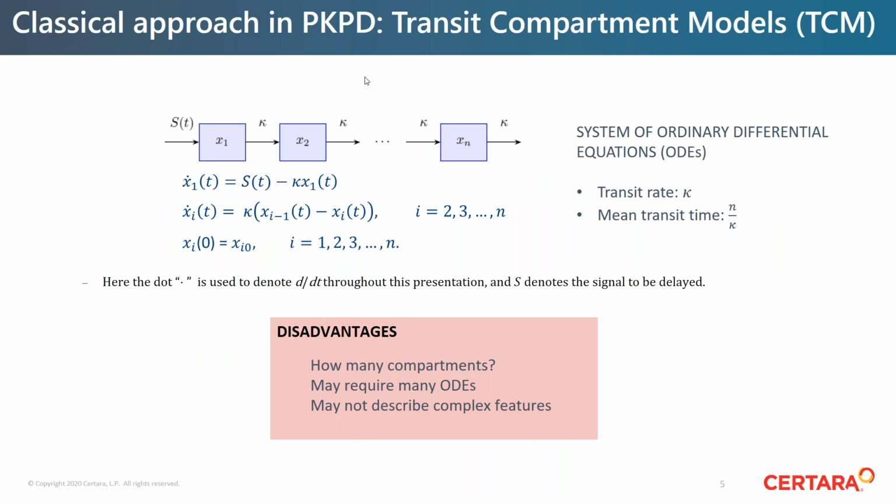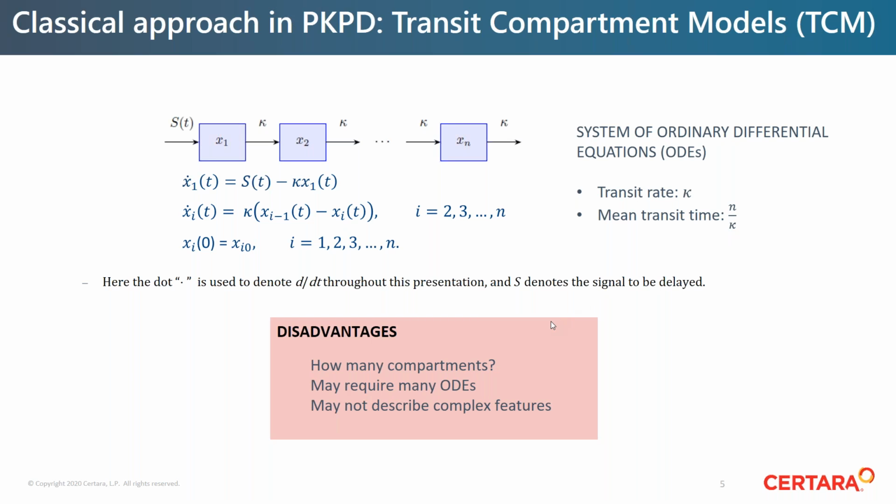The classical approach to model such delay in the PKPD literature is to use a transit compartment model. It's described by this system of ordinary differential equations. Now, ST denotes the signal to be delayed, S1, S2 to Sn are the transit compartments, and kappa is the transit rate. The mean transit time is given by the ratio of the number of compartments to the transit rate.